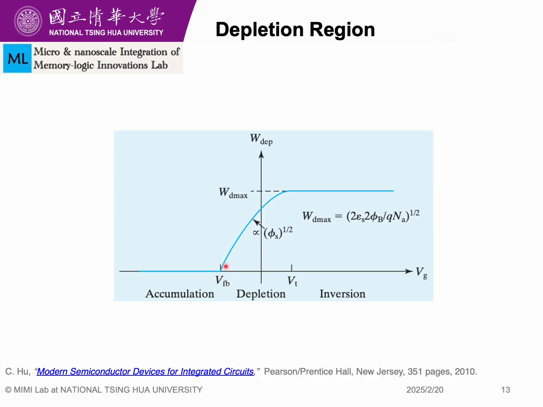Beyond flat band, if we apply more positive voltage, the channel starts to deplete, and after Vt there is no increase in the depletion region. The depletion region in a MOS capacitor is proportional to the band bending, or better to say the surface potential, and this is the maximum value of the depletion region.